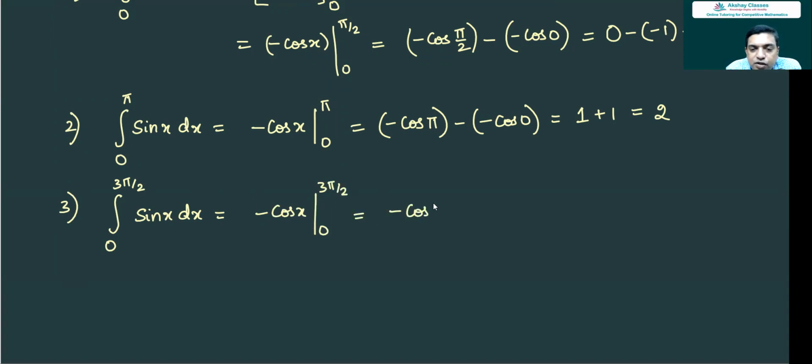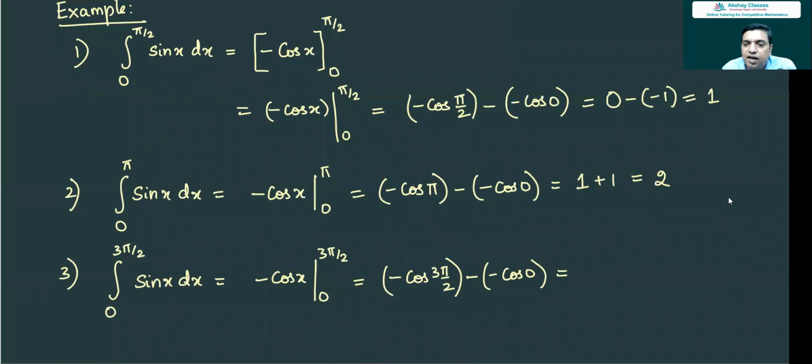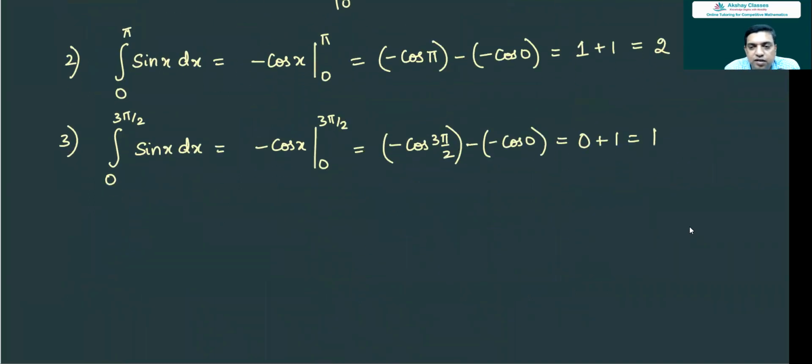So minus cos 3 pi by 2 will be 0 again. This is 0. Minus of minus 1 is plus 1. Again, you'll get 1.